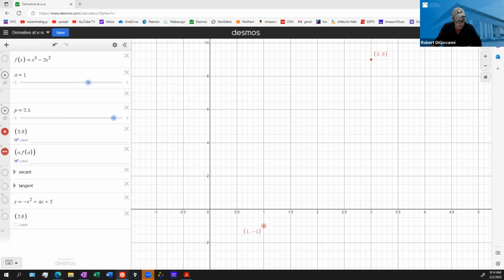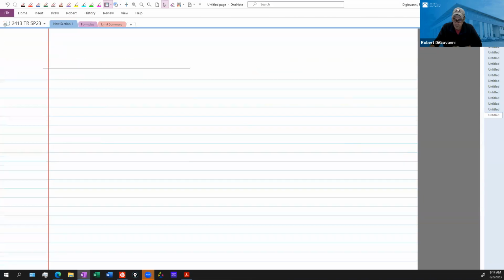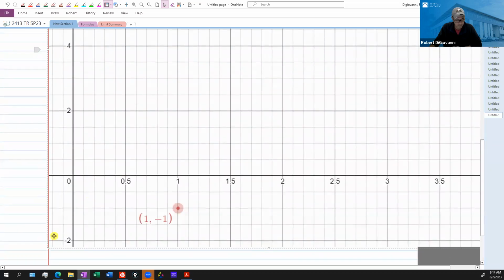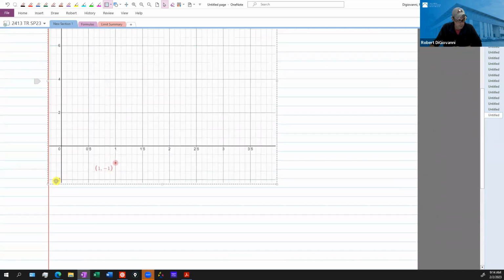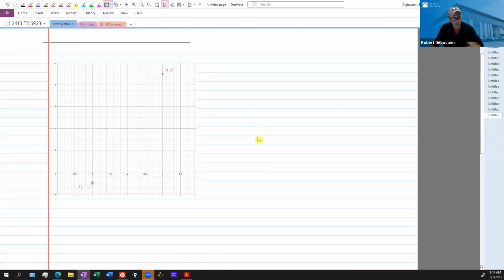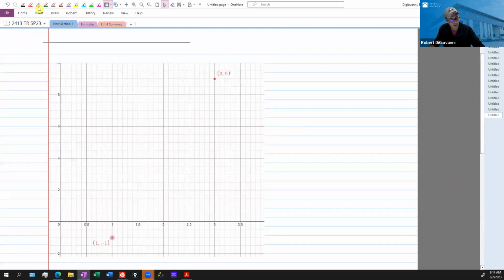I'm going to go ahead and copy this, put it into my notes here, start a new page. So I want us to find the equation of the line through (1, -1) and (3, 9).